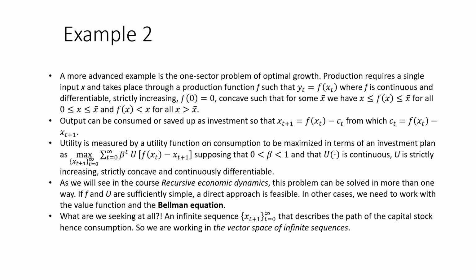Note that a variant of this problem is the famous cake-eating problem, and if production technology is simple enough, and if the utility function is simple enough, we can take the so-called sequential approach. So we can solve the problem in the sequential form.